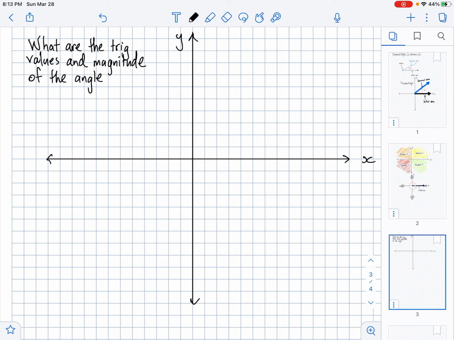Okay, so what are the trig values and magnitude of the angle that has a terminal arm passing through, we'll go 4 comma 6. Okay.